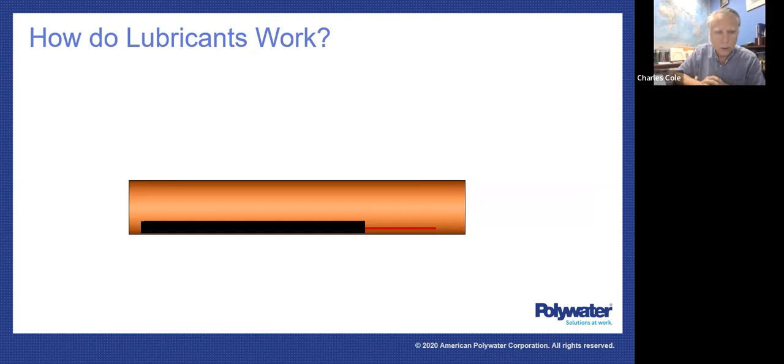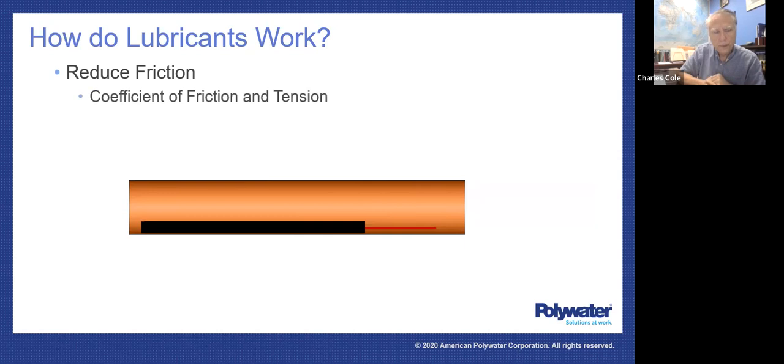So if you can do the first click here, one of the things that you could do to reduce friction where the cable jacket is rubbing against the duct wall is to reduce the coefficient of friction. So click, please. And by reducing the coefficient of friction, you're reducing the tension on the cable.